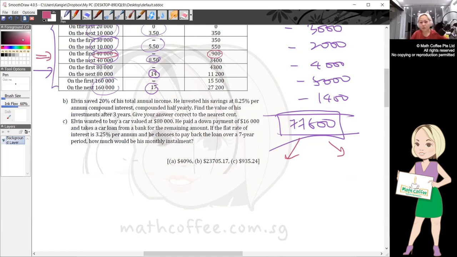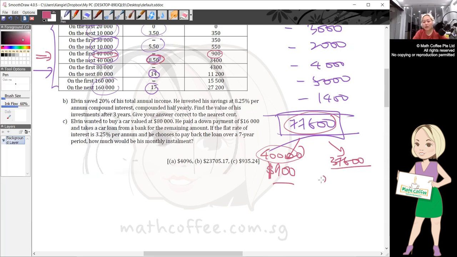No. They give a discount. That means the first 40,000 is 900. It's not based on 8.5%. It's just that 40,000 is $900. So that means I will have $900 to be paid for the first 40,000. Then the balance, which is take this amount minus this, will be 37,600. This, you will have to pay 8.5%.